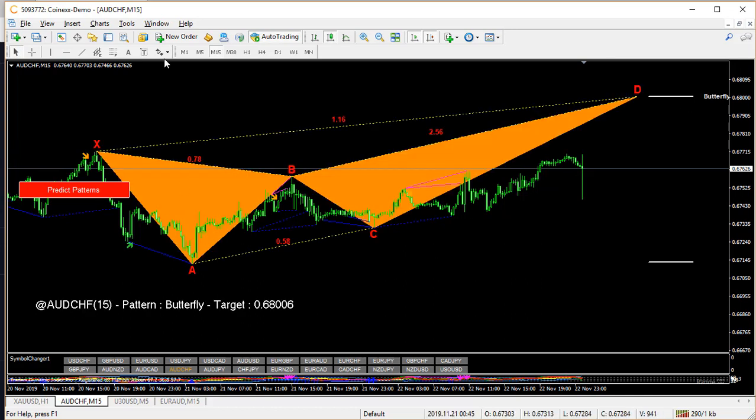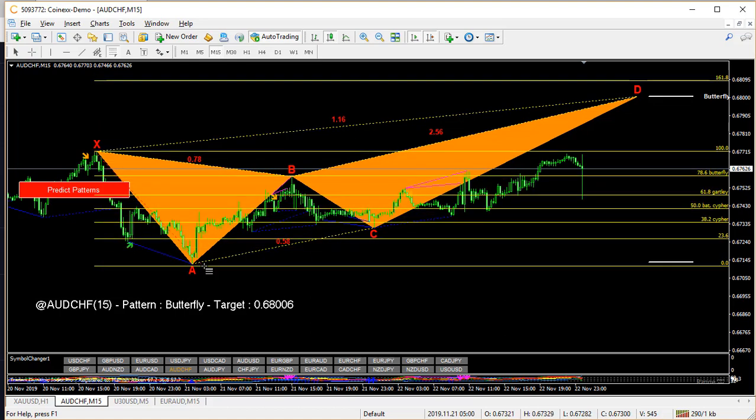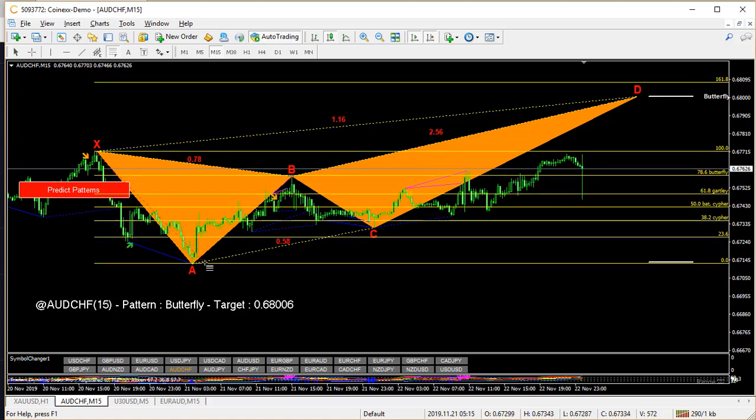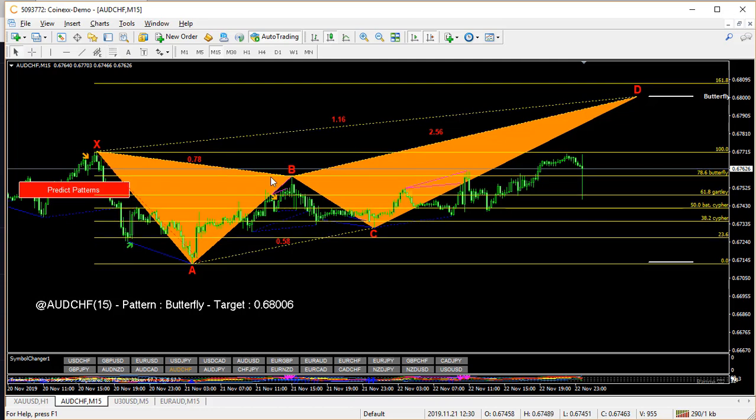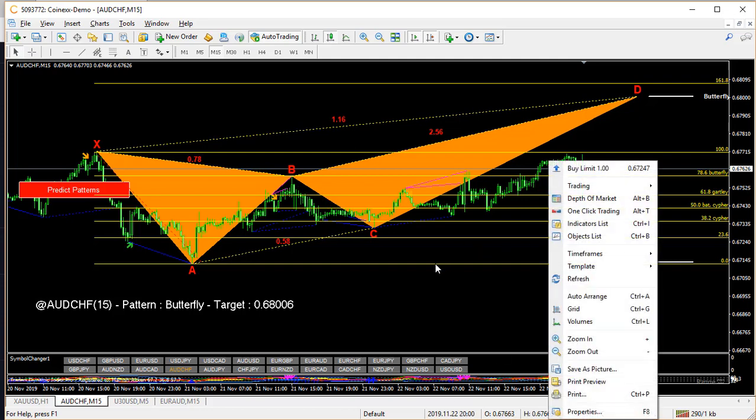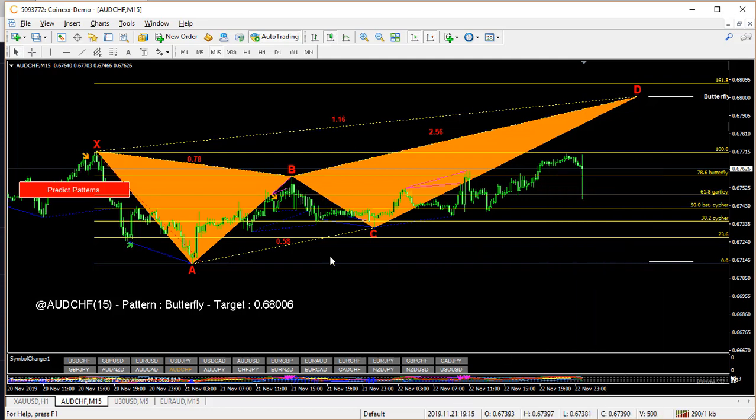We have another potential incomplete butterfly. Again, that B point needs to be at a minimum of 78.6, where it meets the 78.6. Therefore, it is good to go for incomplete bat pattern. I mean, correction, butterfly pattern.